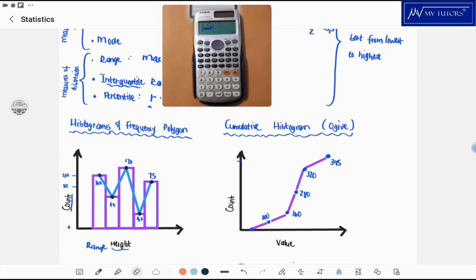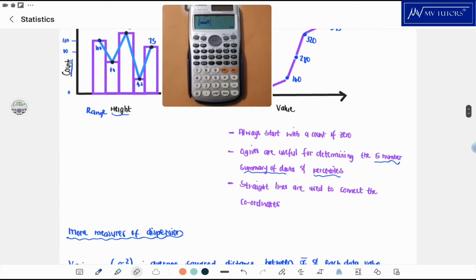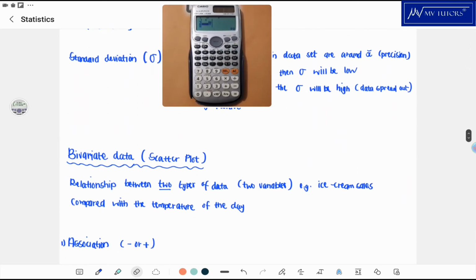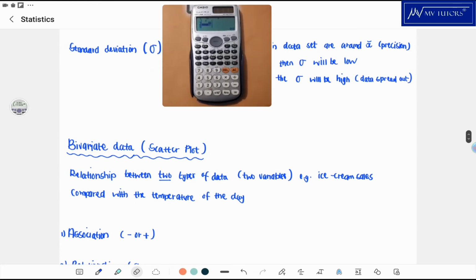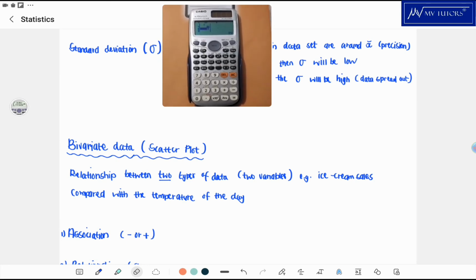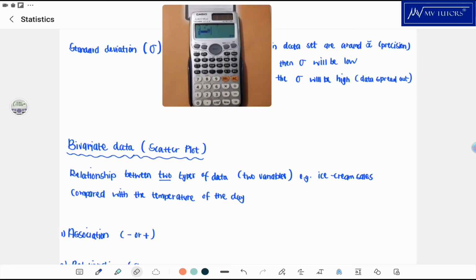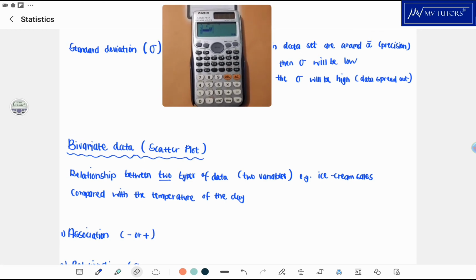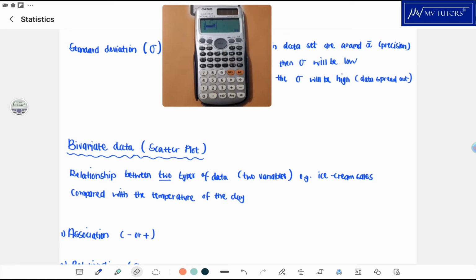We're going to get to the next section, where we discuss what is done in matric: bivariate data, where you have scatter plots. In this kind of data, you're going to enter 2 types. For example, let's say you want to know how many ice creams were sold on a particular day versus the temperature of that day.